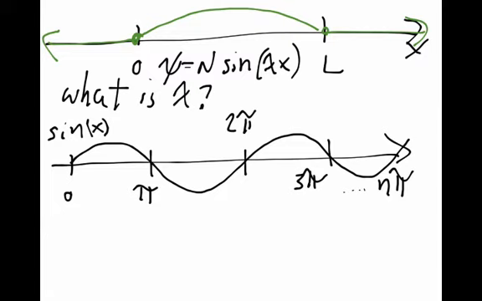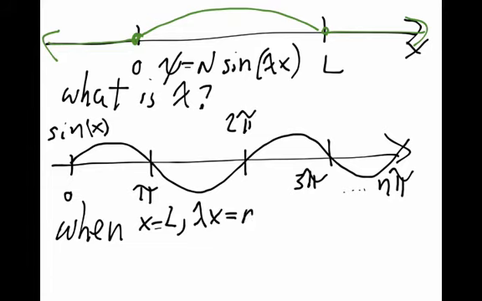It's always 0. Well, this gives a hint, because when x is equal to L, we want to be in that very first 0. The whole wave function that we've been drawing is the same as this function between 0 and pi. So when x is equal to L, we want lambda times x to be pi, or n pi, more generally.